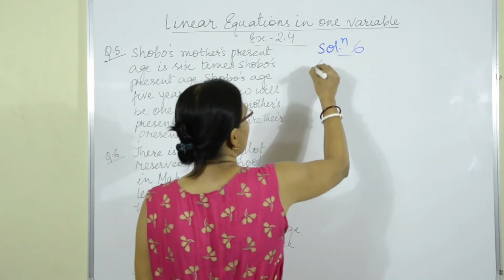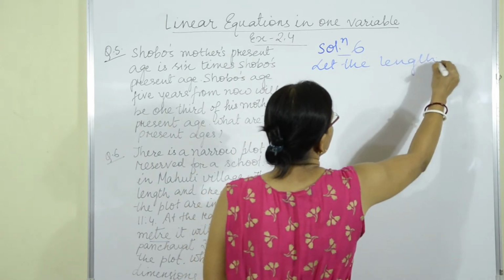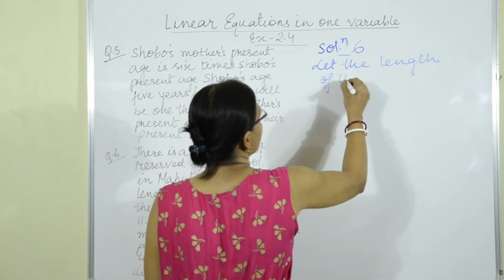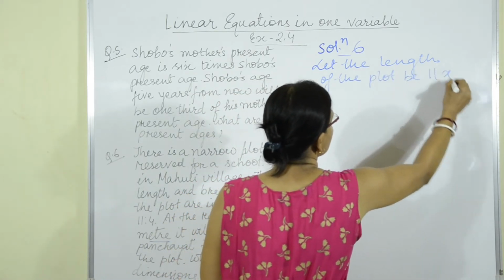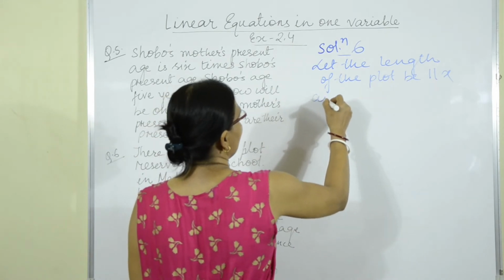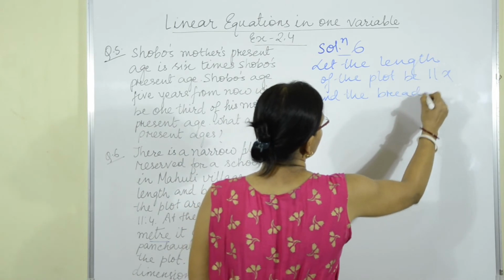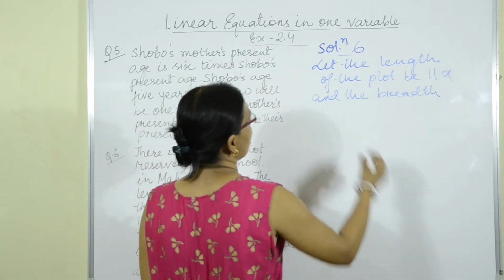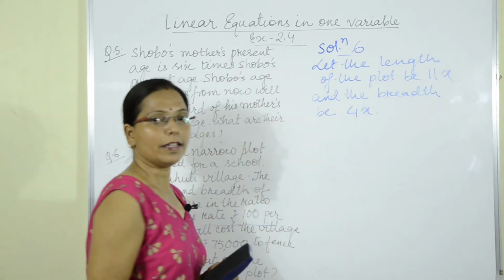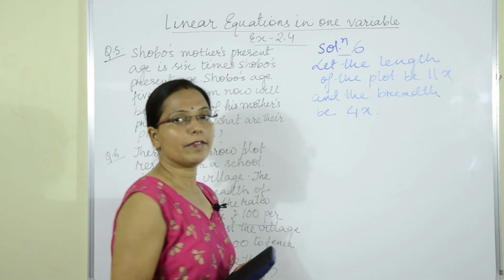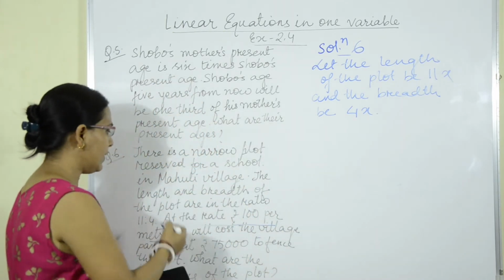We will write, let the length of the plot be 11x and the breadth be 4x, right. Let the length of the plot be 11x and the breadth be 4x. That is how it has become 11:4.